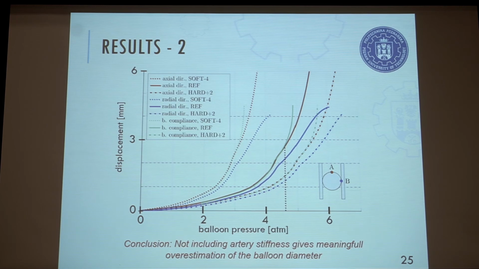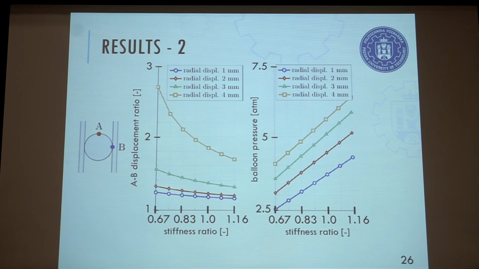So not including the artery stiffness gives a meaningful overestimation of the balloon diameter, and this could be useful information for the physician to know that if he pumps this balloon in the artery, of course, the artery would limit the balloon, and then its diameter would be smaller.